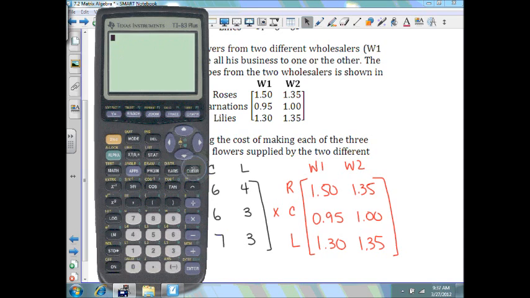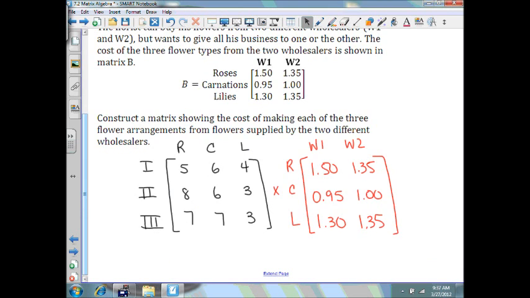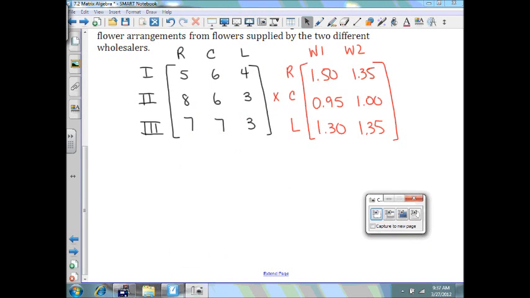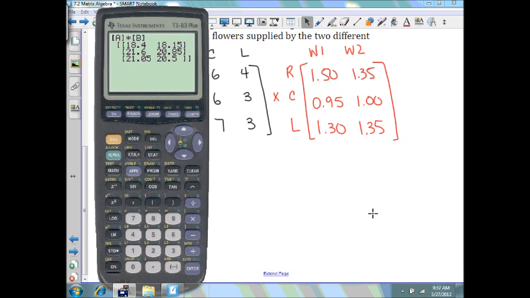Now to multiply these matrices, actually really simple. We're going to go back to the matrix menu, press enter on matrix A. Again, go back to the matrix menu, press enter on matrix B, and we have our answer right there. So I'm going to take a picture of this here.